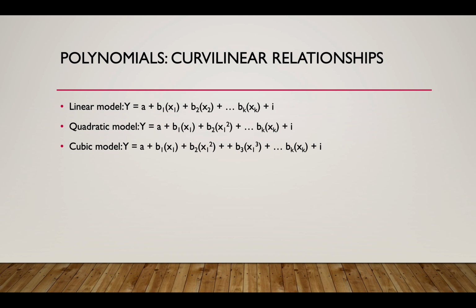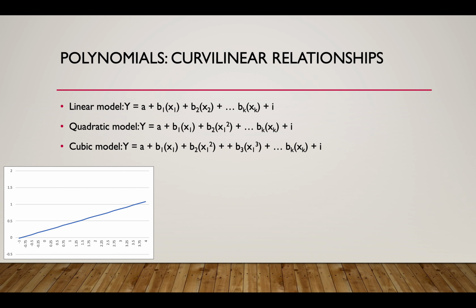All right, so let's talk a little bit about polynomials and curvilinear relationships. As I had just said, the way that we look at these is simply by squaring x, and so we wind up creating a new variable in which x is squared or cubed or whatever. And so we start with a basic linear slope in our linear model.